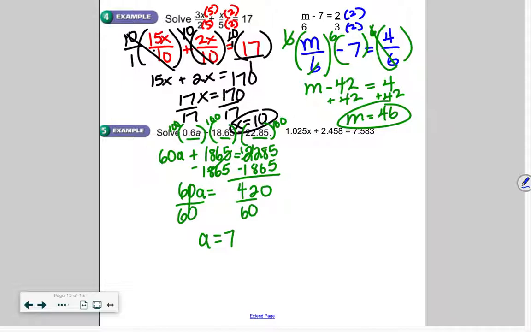Okay, so in the next one, how many numbers behind the decimal point? 3, 3, and 3. So what are you going to multiply them all by? Multiply them all times 1,000 to get the decimal point to the end. Now what? Subtract 2,458.